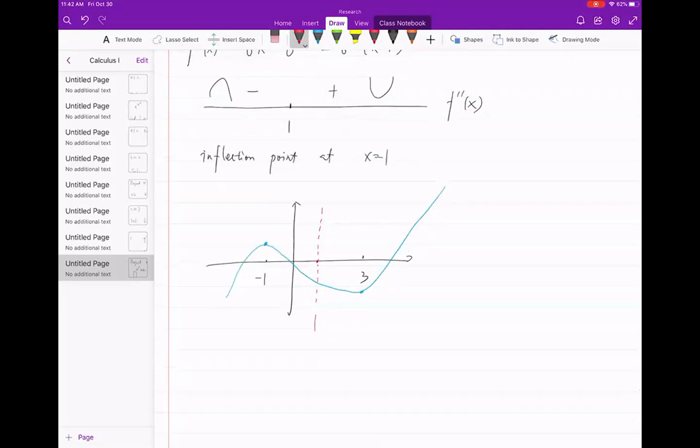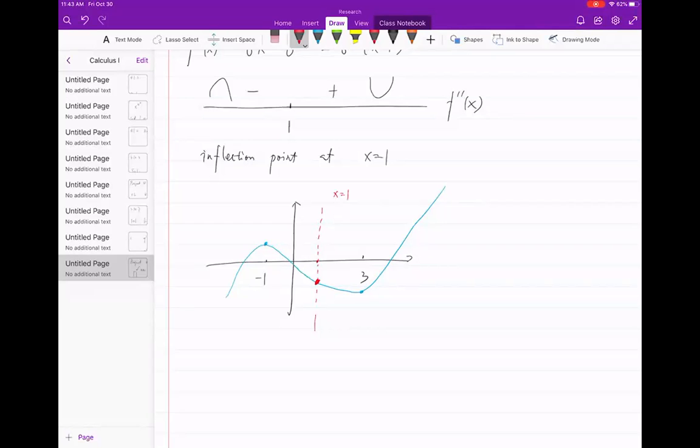The inflection point here. Does everything make sense here?